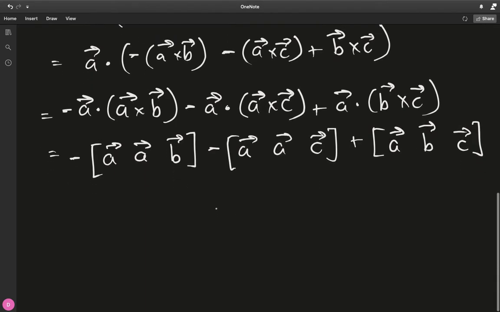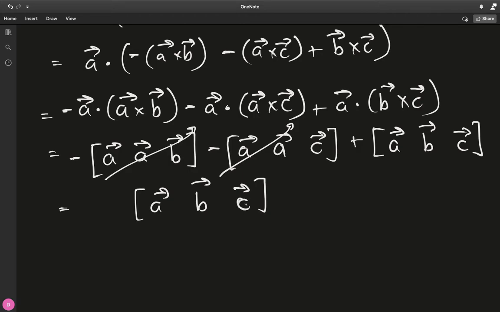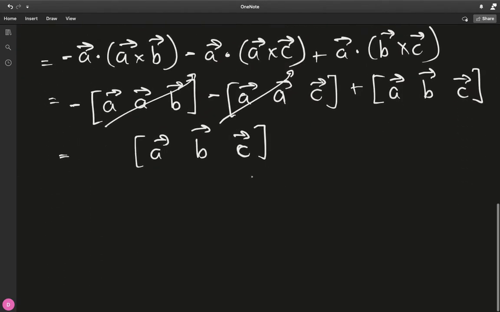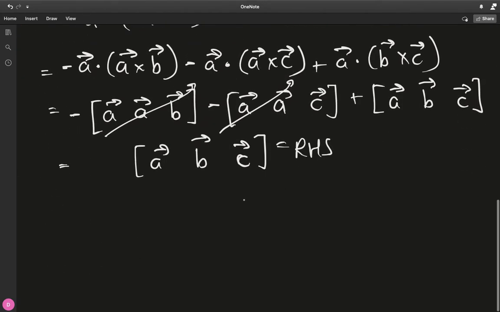But there's a property of scalar triple products. If two vectors in a scalar triple product are identical to each other, then the entire scalar triple product goes to 0. So this will go to 0 and this will also go to 0, giving us a vector, b vector, c vector in a scalar triple product, just like we wanted over here. That's equal to RHS, hence proved.